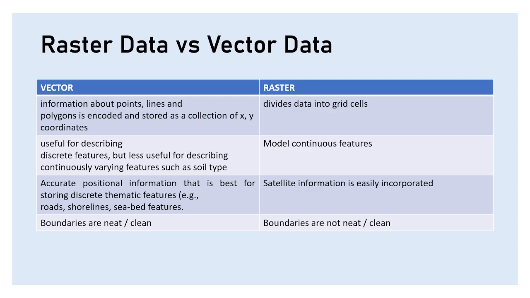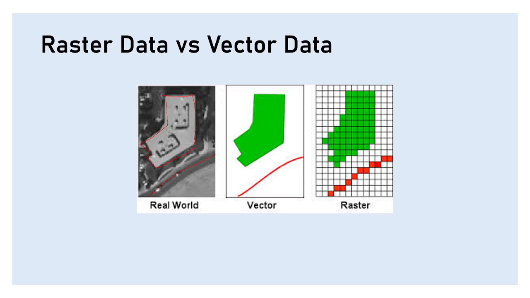So it does not account very well for the discrete features, as you can see here also. If you make a comparison, this one represents the feature better when compared to the raster data. So that's what I was trying to say, it depends on your requirement.